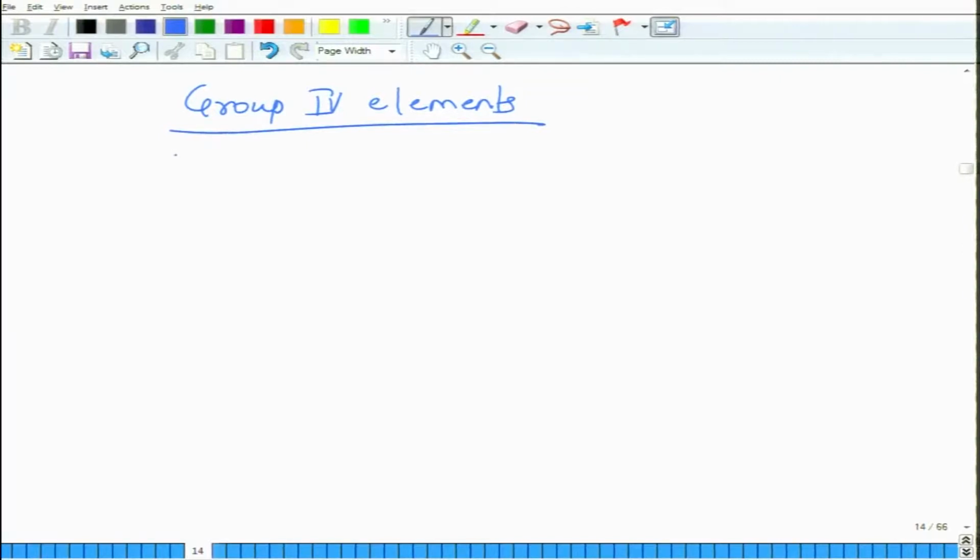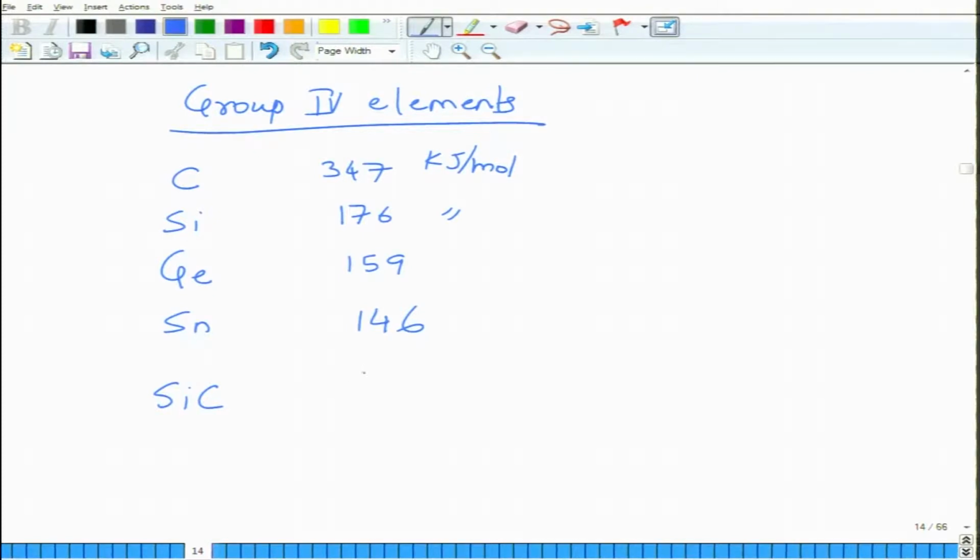in group 4 we have carbon, silicon, germanium, and grey tin. Looking at the bond energy, diamond has 347 kilojoule per mole, silicon has 176, germanium has 159, and tin has 146, and I compare this with another material, silicon carbide, which has 308. Looking at the values of melting point, diamond is about 3500 degrees centigrade plus.